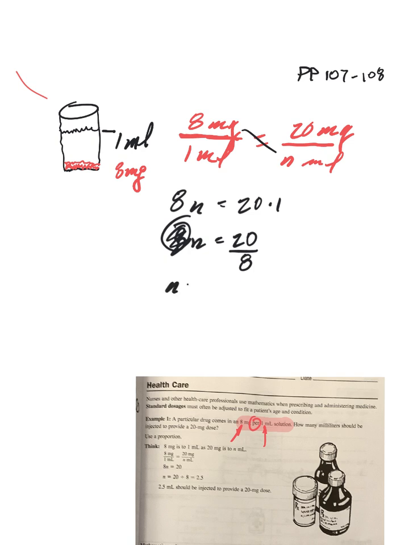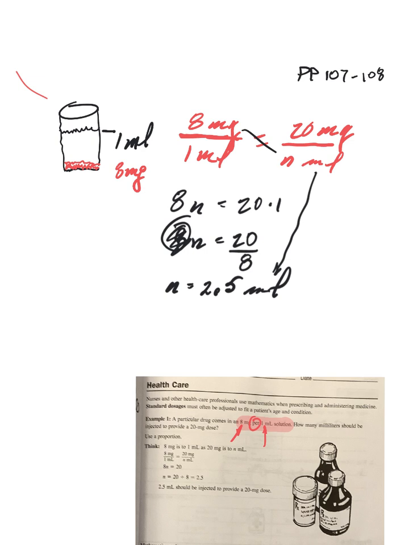So n equals 20 divided by 8, or 2.5 milliliters. And it's always good to put the unit on there so you know what 2.5 represents. And that's it. So 2.5 milliliters should be injected to provide a 20 milligram dose.